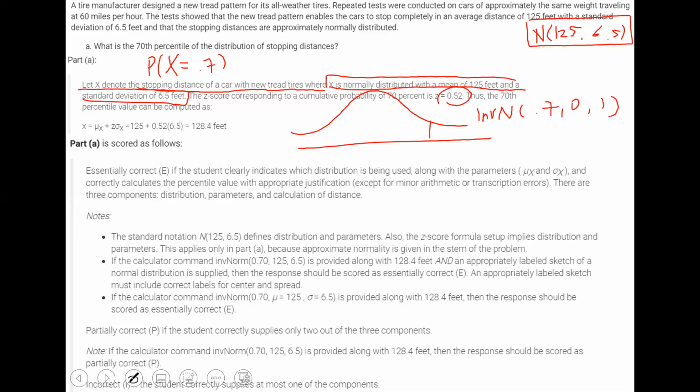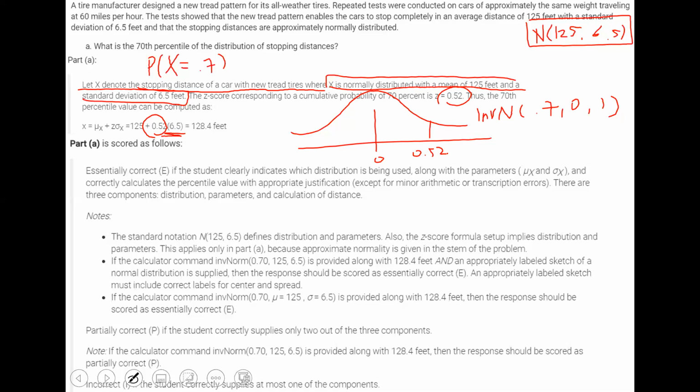So then what they did was 0.52 times 6.5, which is your standard deviation, because here is your mean, right? And then it has to go 0.52 more. But you can also do inverse norm 0.7, comma, 125, comma, 6.5. If you do that, you get 128.25, which is not 100.